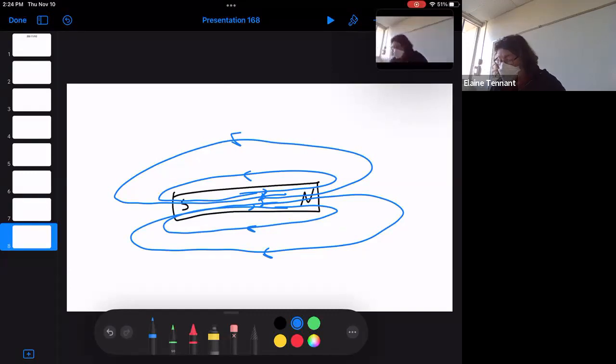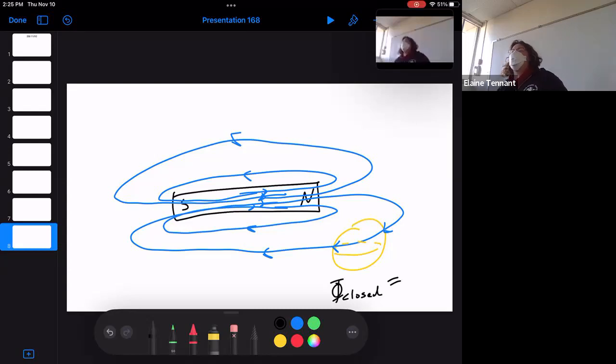Okay, let's draw some surfaces. So Gauss's law, we always have these imaginary surfaces. The big thing is they have to be closed. So what if I drew a sphere right there? A line would come in, a line would come out. What would the total flux through this closed surface be?